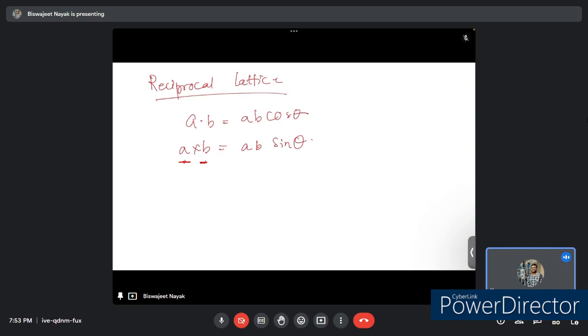If we change the order, then it will be minus of whatever is there, because this is a scalar quantity and this is a vector quantity.